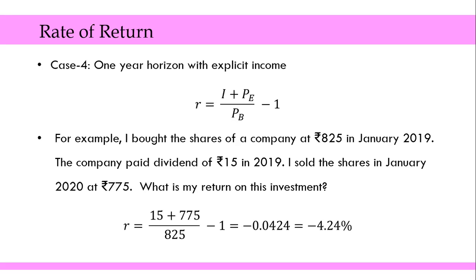So here it becomes 15 plus 775 divided by 825 minus 1. Here it is minus 0.0424. Therefore, the rate of return is actually negative. That means I have lost 4.24% from this investment.